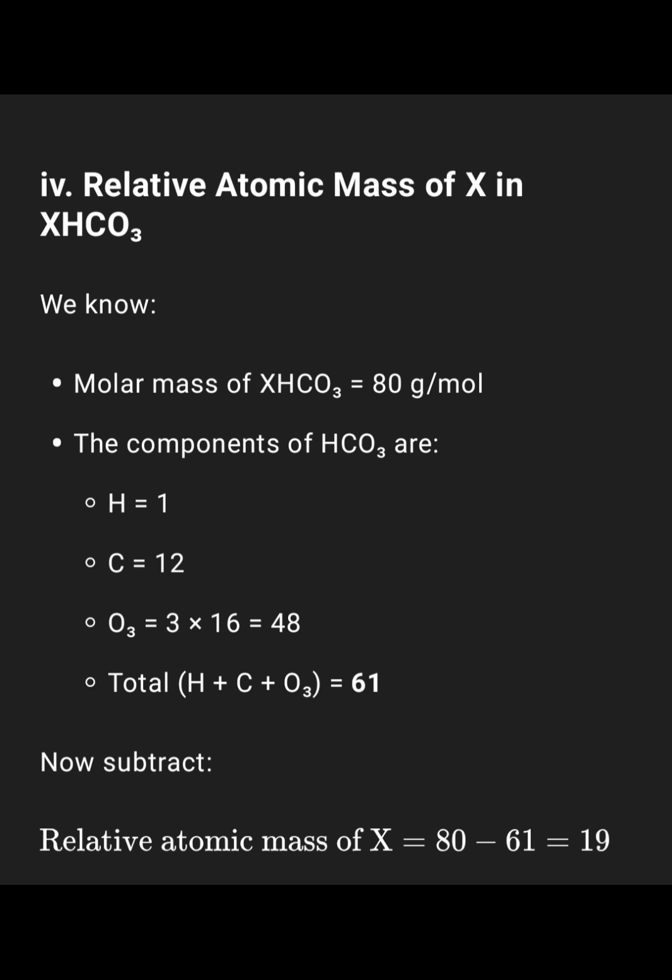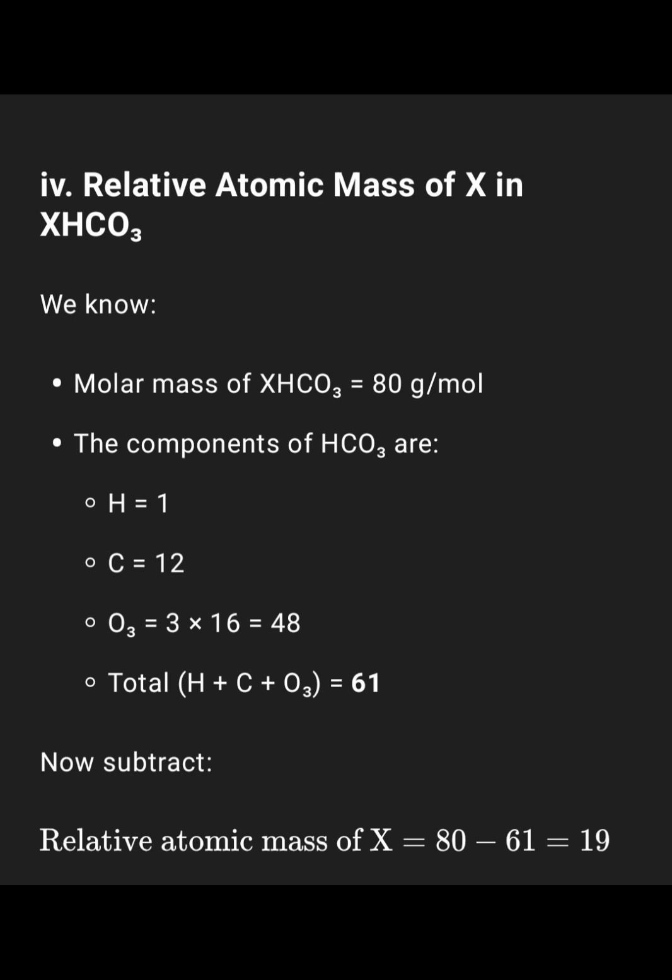So we are asked to calculate the relative atomic mass of X in XHCO3. Our formula mass of XHCO3 equals the molar mass, which is 80 gram per mole. So calculate the molar mass of HCO3. Remember hydrogen is 1, carbon is 12, oxygen is 16, multiply it by the 3 at the front, so you get 48.